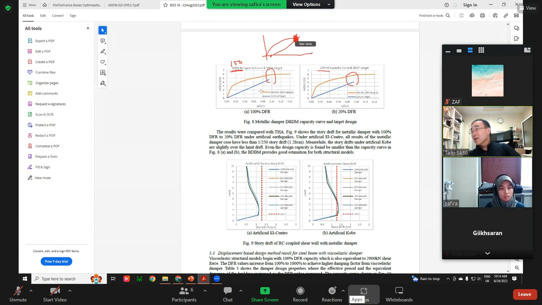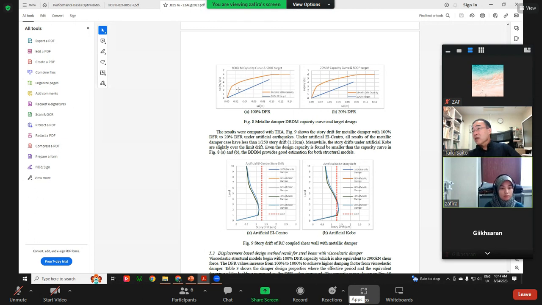The blue line and the orange line, the capacities, must match each other. So this is the procedure of displacement design, right? But both results don't match.